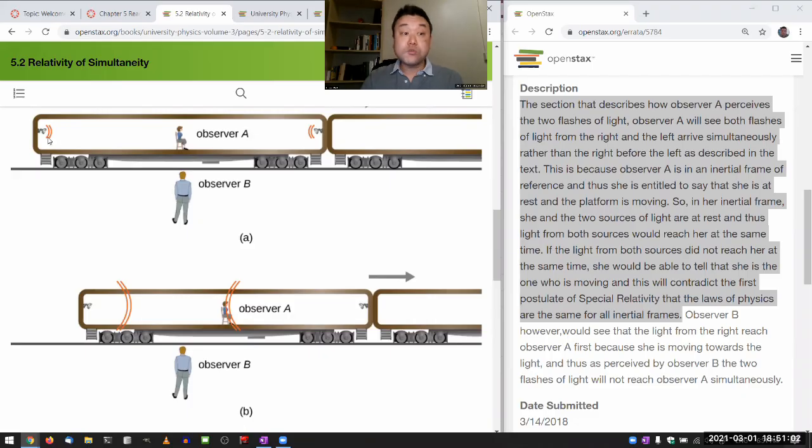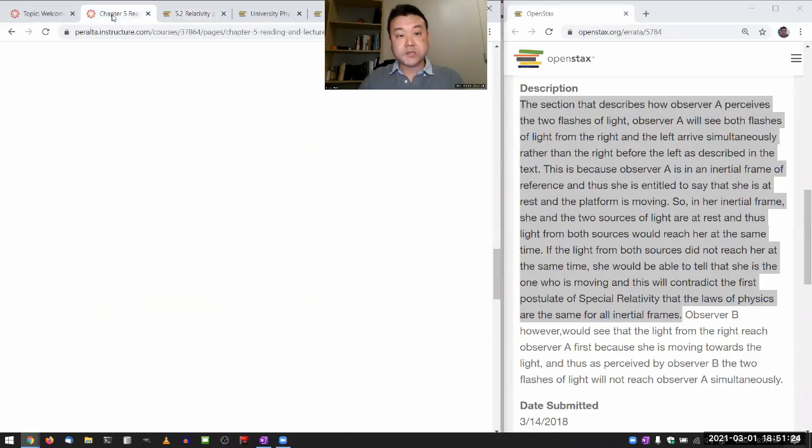Whether these lamps were moving with the train or not, that's not quite relevant. Although I guess because they are moving with the train, if you wanted to set up a contraption for triggering these simultaneously in the train's reference frame, that is actually easier than triggering them simultaneously in observer B's reference frame. In fact, that's what I'm describing in the lecture here.